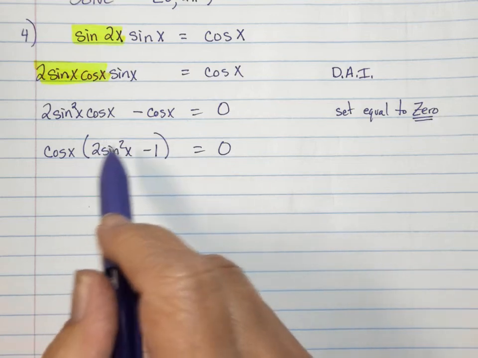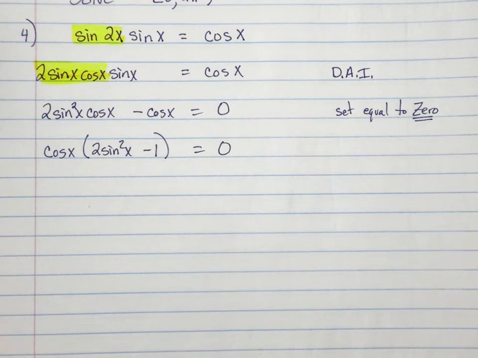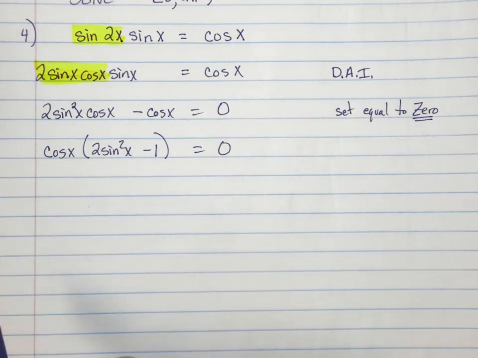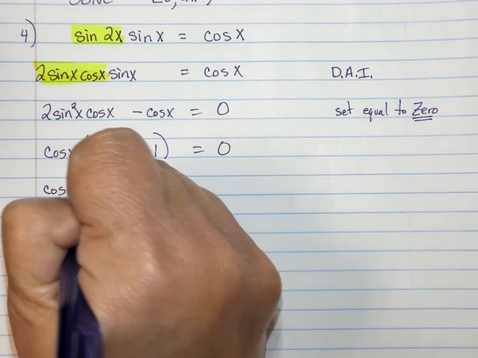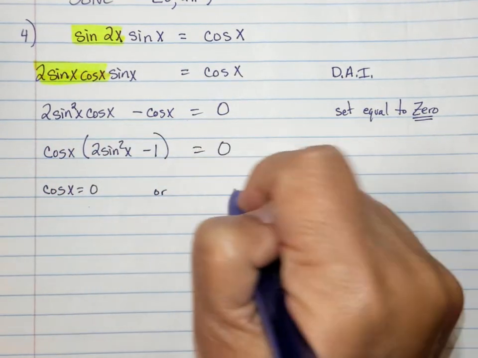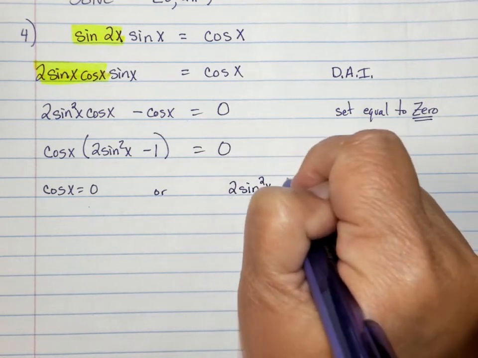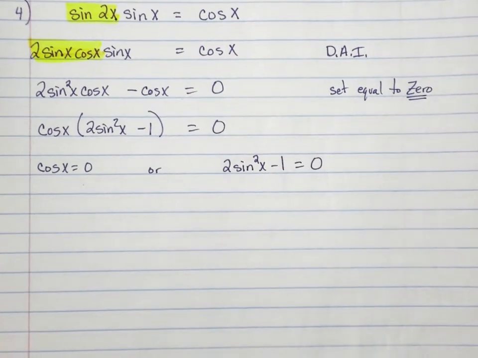So once you have two factors being multiplied and equaling 0, that's beautiful. That's beautiful because that then means one of your two factors equals 0. So cosine of x equals 0, or 2 sine squared x minus 1 equals 0.